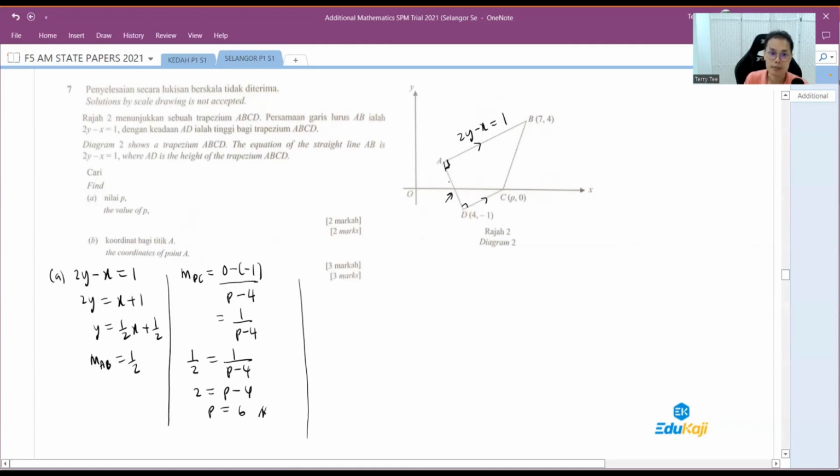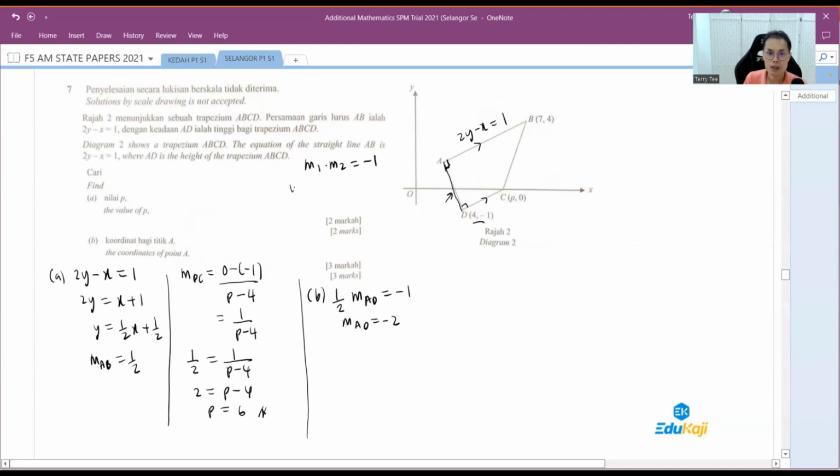So for part B, we start with gradient AB times gradient AD. Remember, when two lines are perpendicular, gradient m1 times m2 must be minus 1. So the gradient of AD is minus 2.